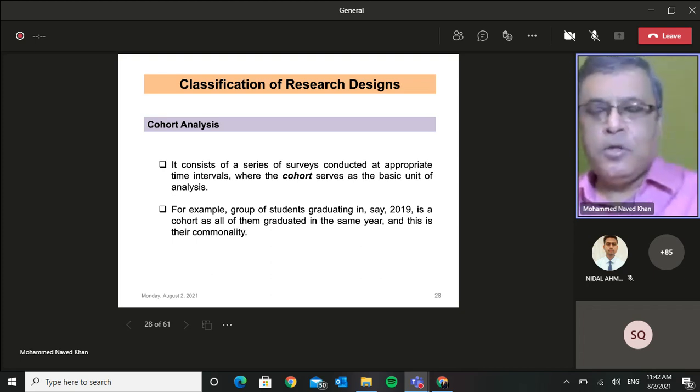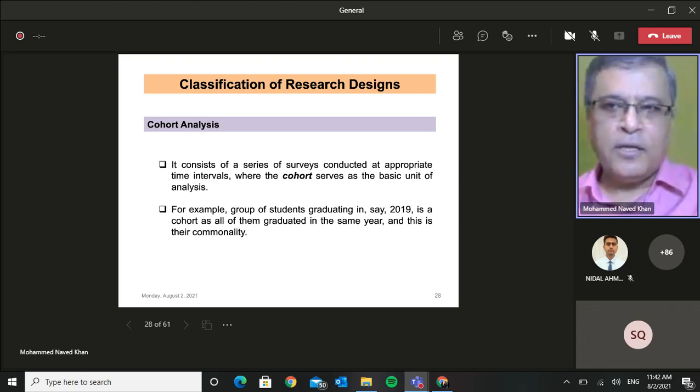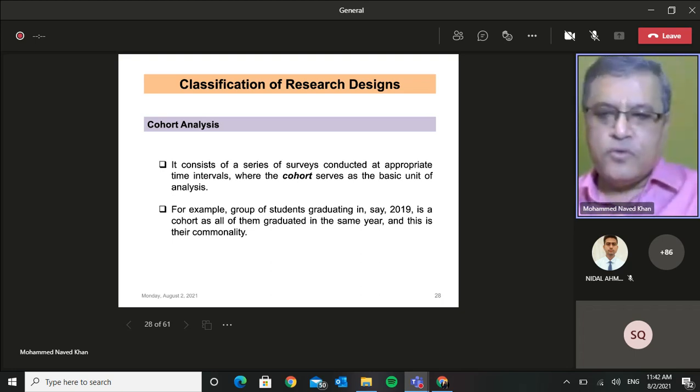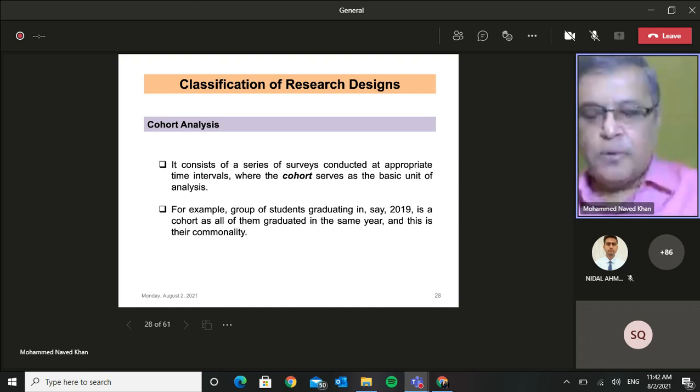Take, for example, those who graduated in 2019, those who passed out in 2020, in 2021, and who will be passing out in 2022. Each of them will comprise a separate cohort from the point of view of the researcher. So the researcher may be approaching each of these cohorts at different points in time.